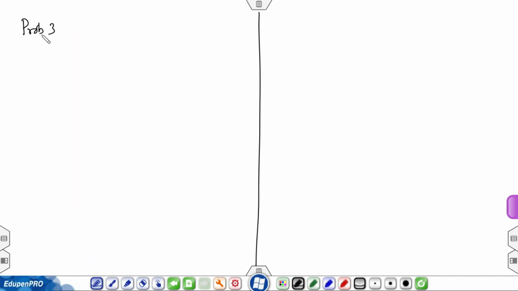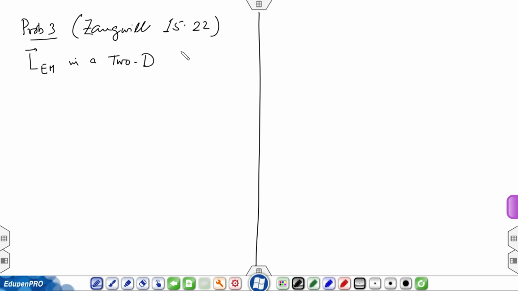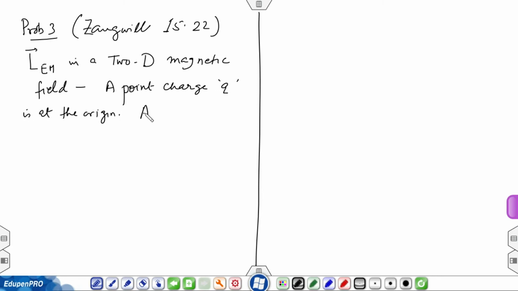Problem number 3. This is also from Zangwill's book 15.22, and it is about the angular momentum of the electromagnetic field in a two-dimensional magnetic field. And it says a point charge q is at the origin. A magnetic field B x y pointing in the z direction fills all space.